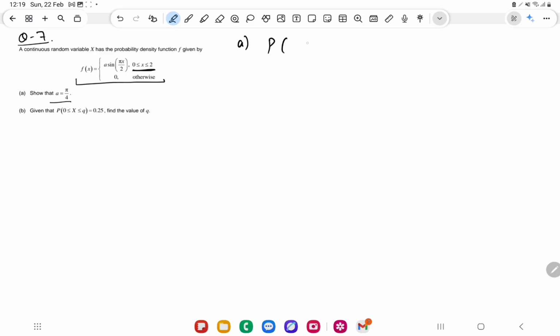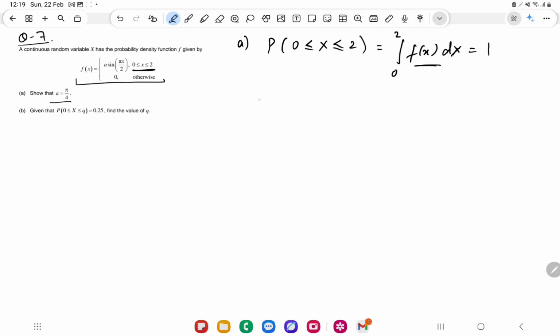So the probability of the random variable x between 0 and 2 is nothing but the integral of the function from 0 to 2, and if I am integrating from 0 to 2, my answer should be 1 because the probability of the entire event is always 1.